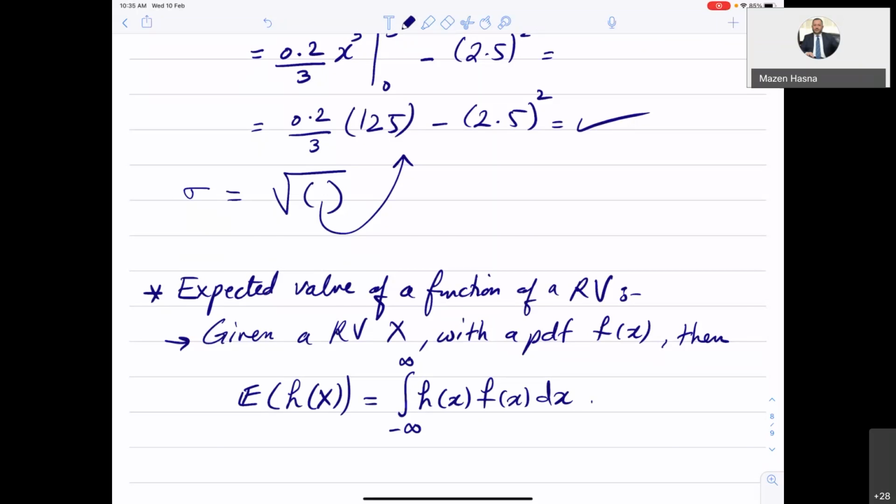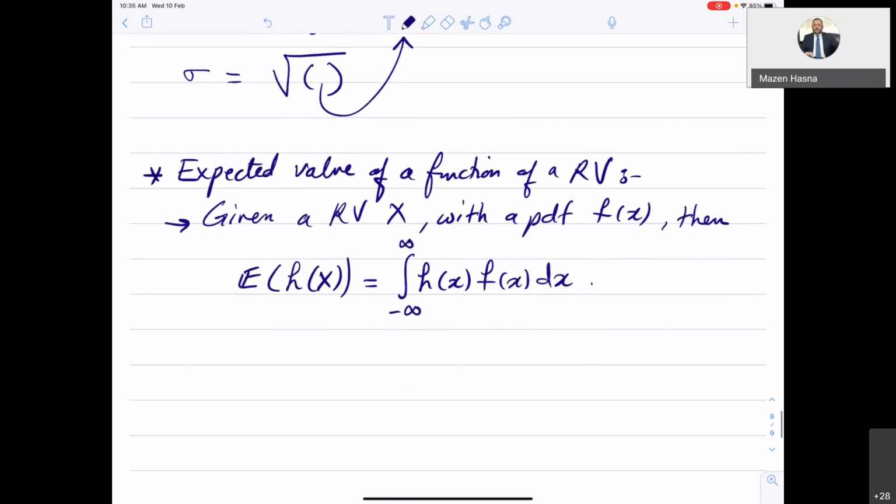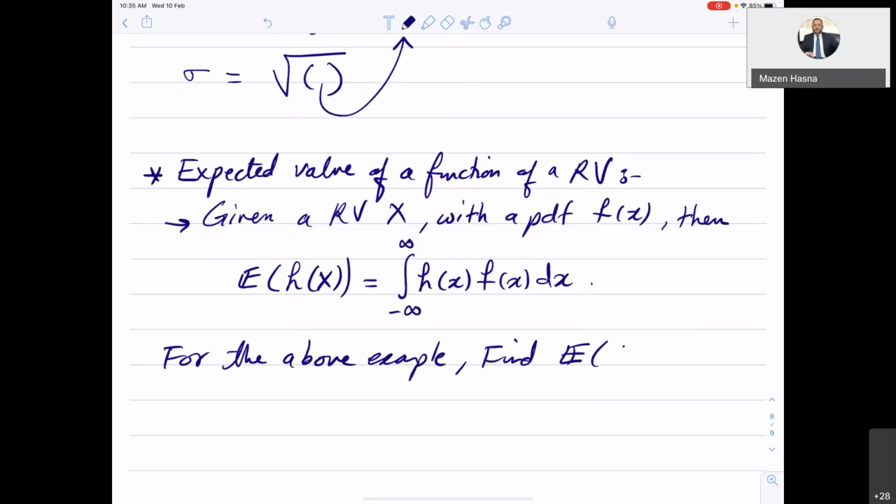So let's continue with the previous example and see what that means. For the above example, find the expected value of x squared.